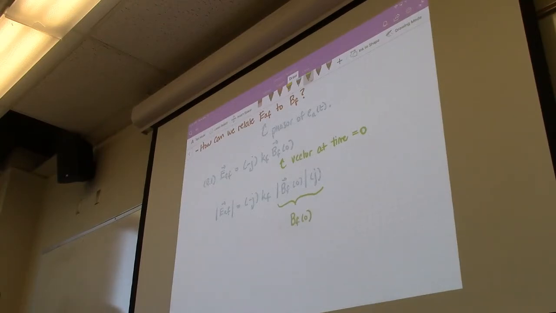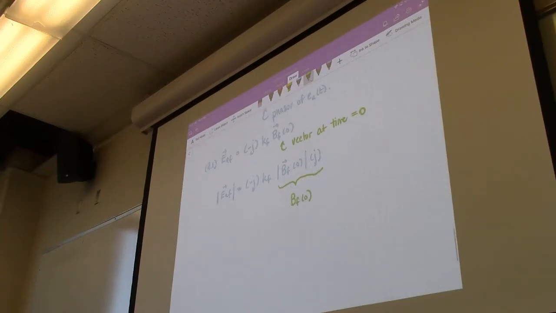The reason being that BF has a 90-degree rotation with respect to EAF. And so these two J's will cancel out. J times J is -1 times -1, which gives us +1.